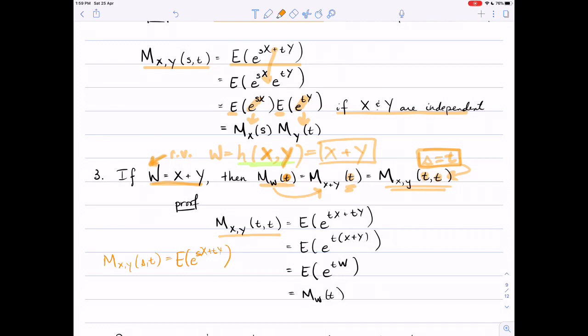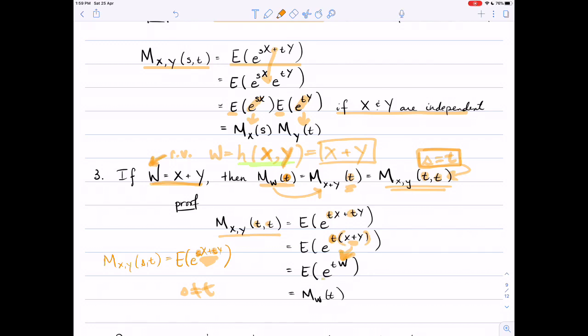And if we set s equal to t, then we get tx plus ty, which lets us factor out the t, which obviously we cannot do here. If s is not equal to t in general, there is no factoring to be done. But here we can factor out the t, and then we have x plus y, and x plus y is how w was calculated.